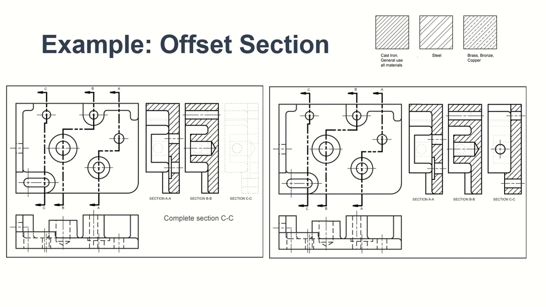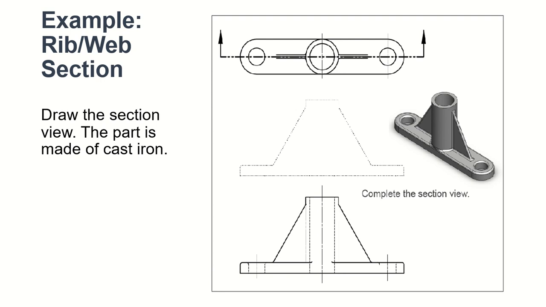All right, the next one will go into your rib and web again. So here is your rib right there, yeah, and then your web is right here, okay. So we're gonna draw the section view, and that part is made of cast iron, yeah.